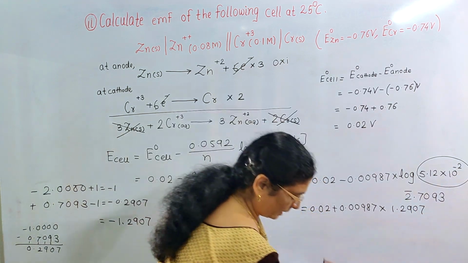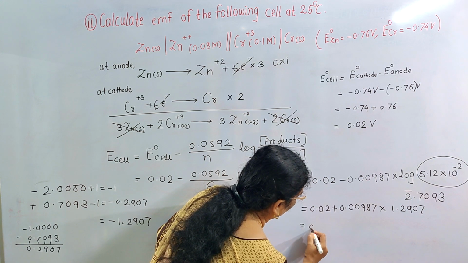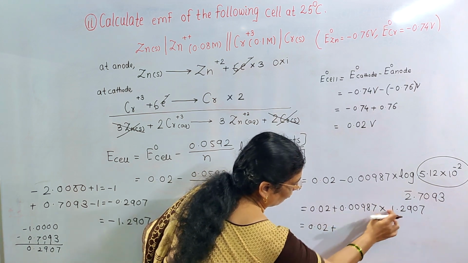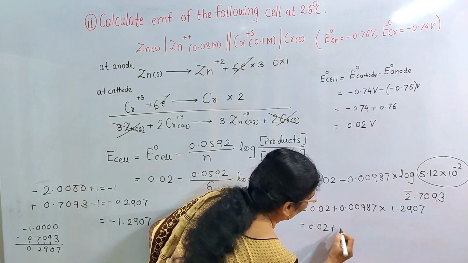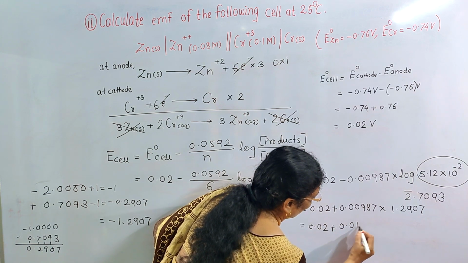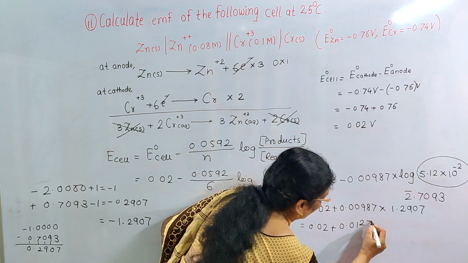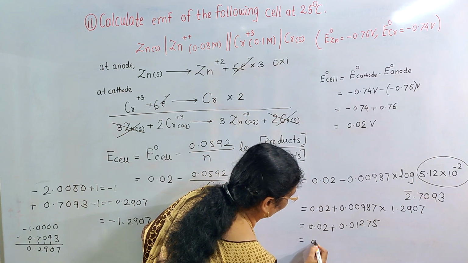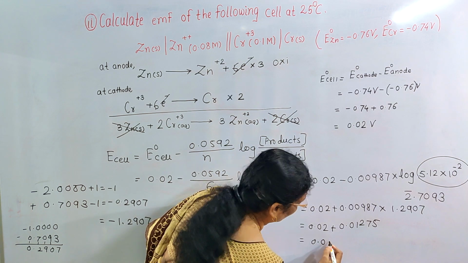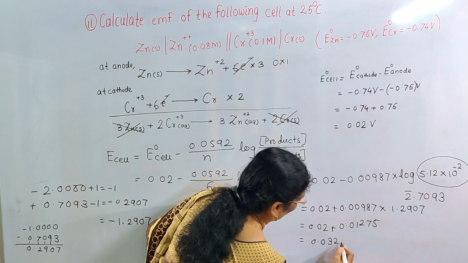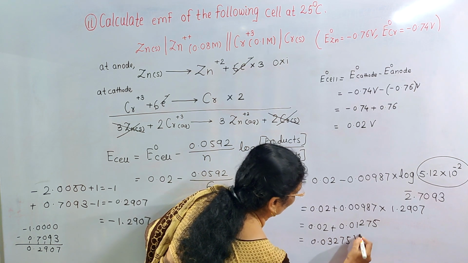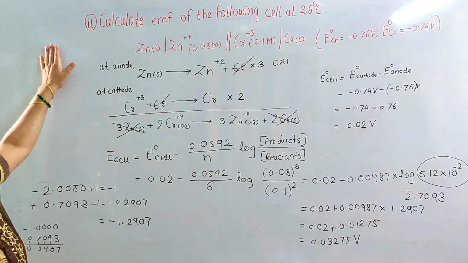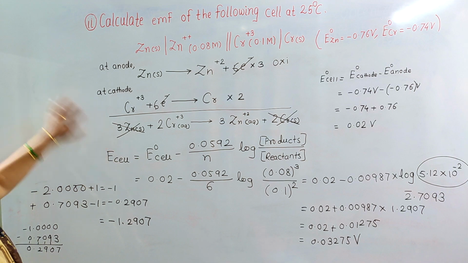Again when you calculate this value, 0.02 plus, calculate this value by using log table, this value will be 0.01275, and the summation of these two will give you 0.03275 volt.